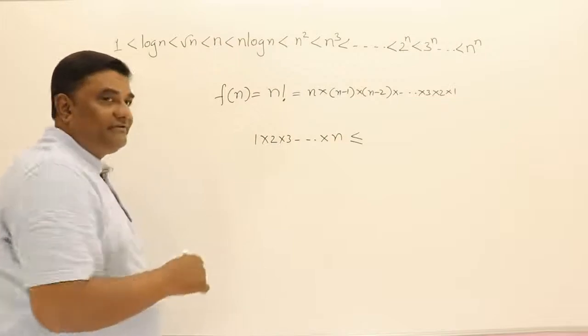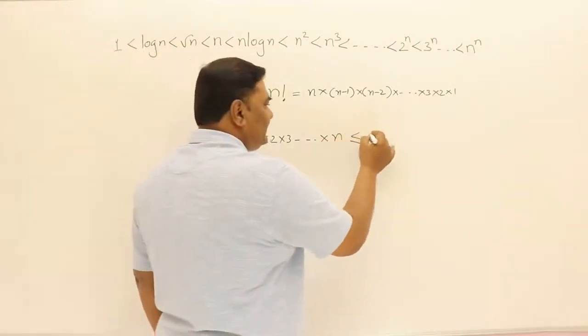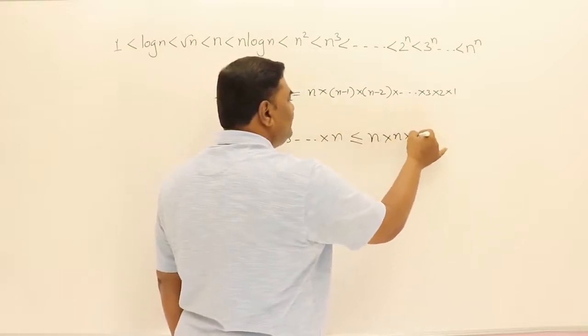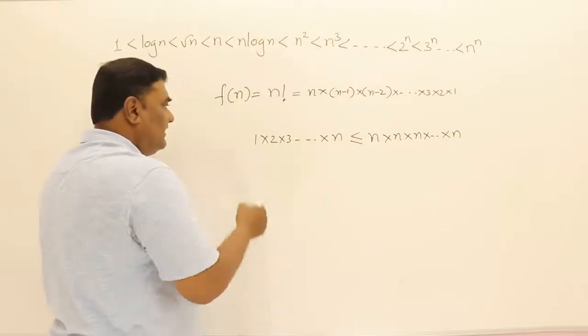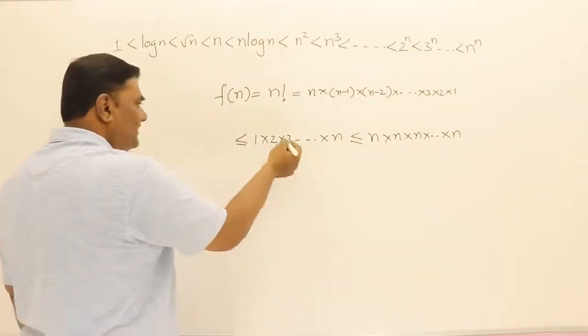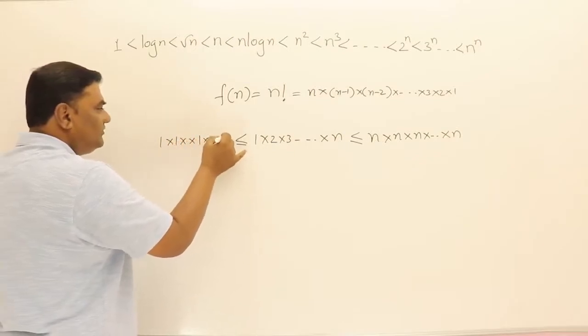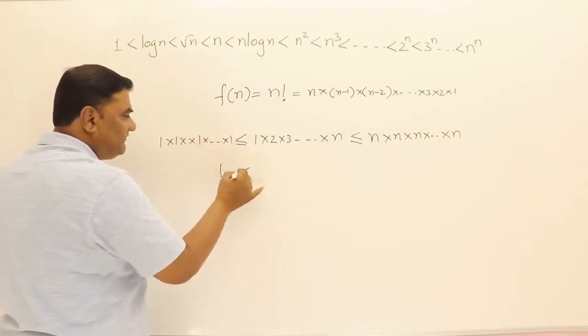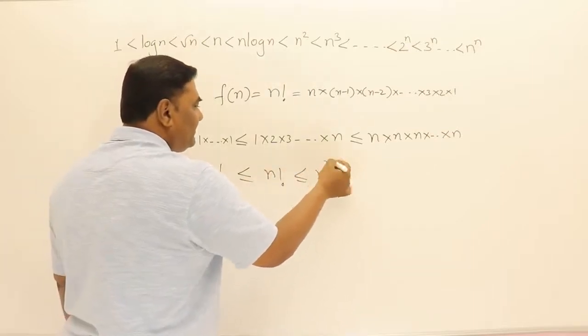As a practice, we were making everything n. So here also I'll make it n into n into n and so on up to n. And this is greater than or equal to 1 into 1 into 1 and so on up to 1. So this side I get 1, and this is n factorial, and this is n power n.